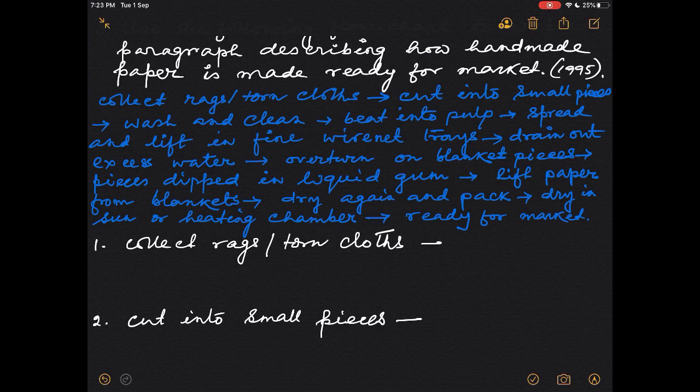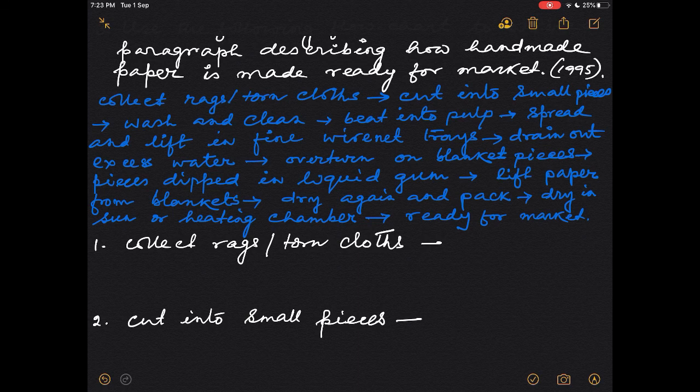Collect the rags or torn cloths, cut into small pieces, wash and clean, beat into pulp, spread and lift in fine wire net trays, drain out excess water, overturn on blanket pieces, pieces dipped in liquid gum, lift paper from blankets, dry again and pack, dry in sun or heating chamber, ready for market.